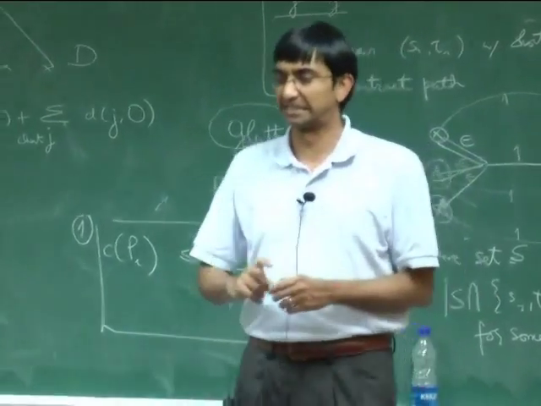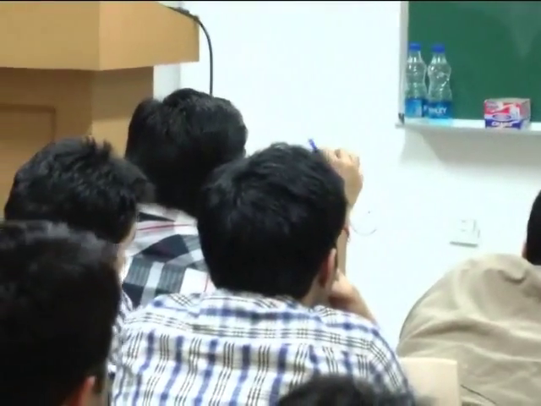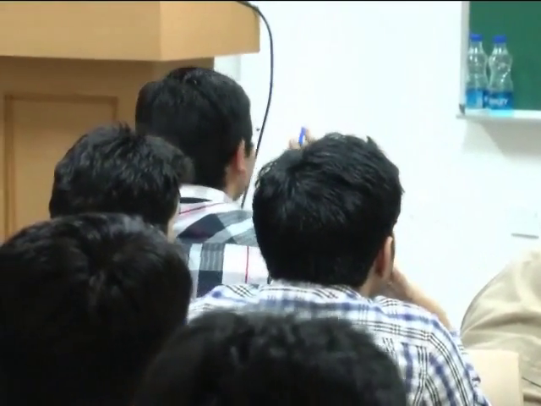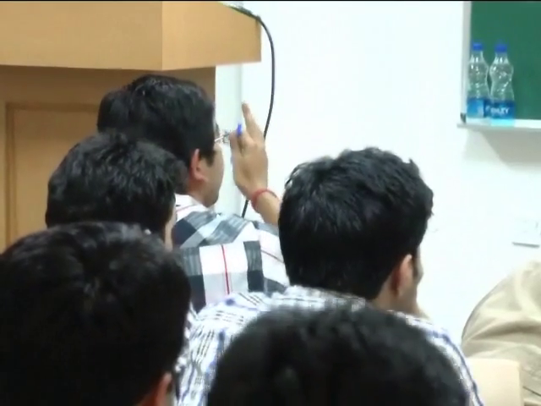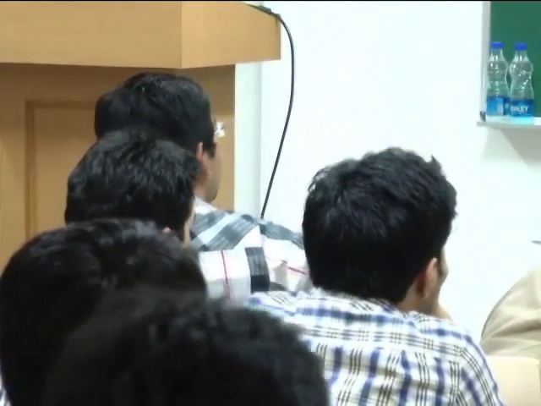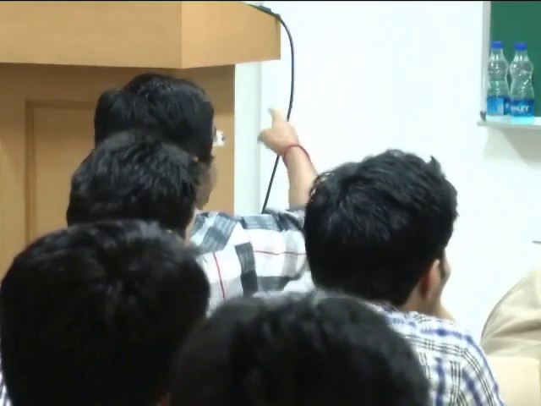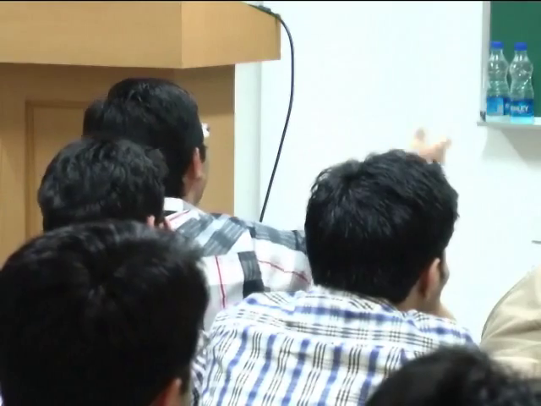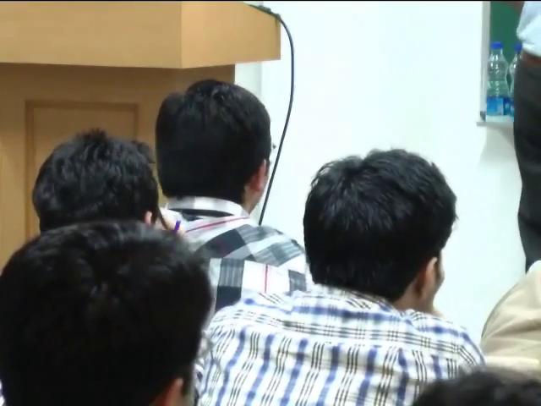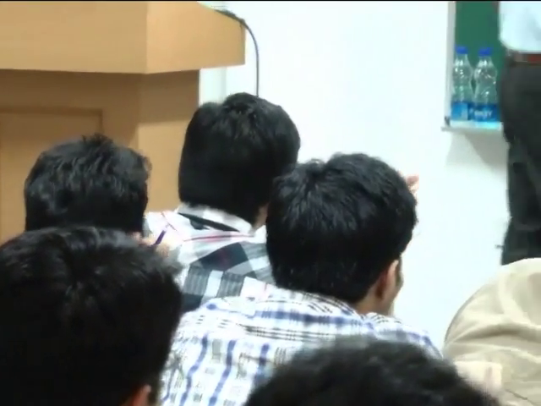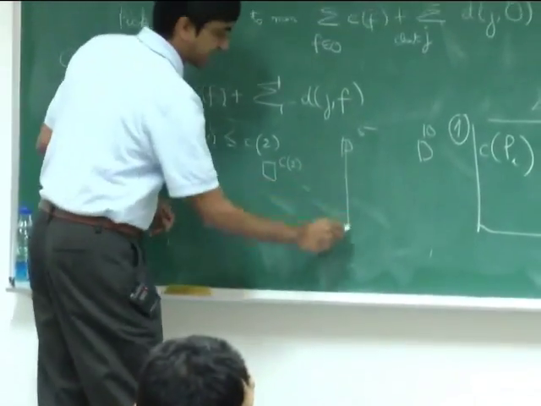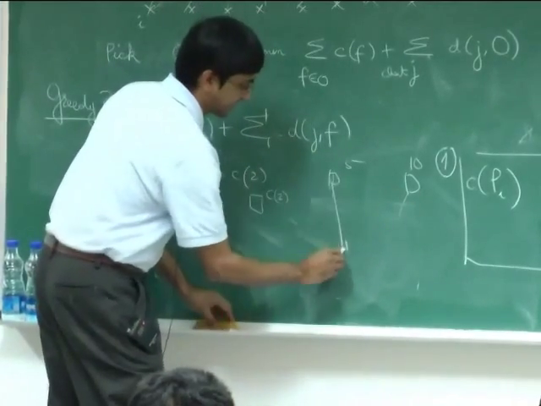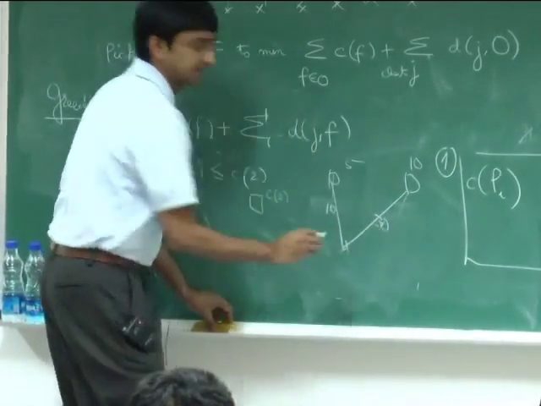So you had a suggestion. Could we look at the cost of the facility divided by the distance from each client, and then sort them in this order? Supposing that there were costs of the facilities of 5 and 10, and distances of say 10 and 30 for the same client.